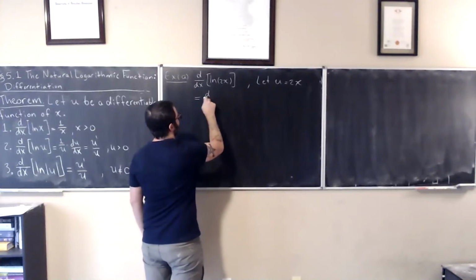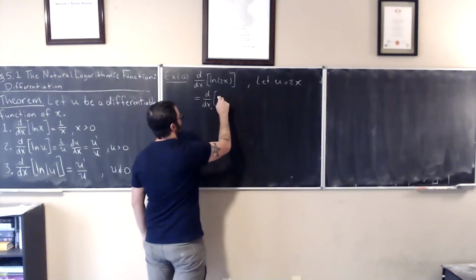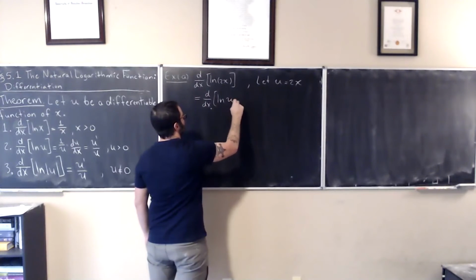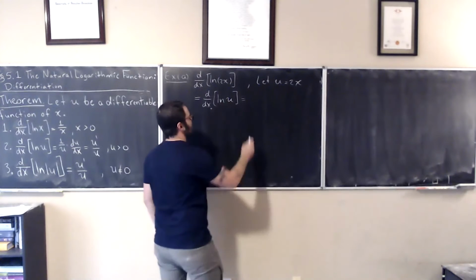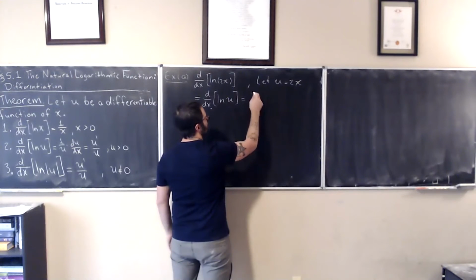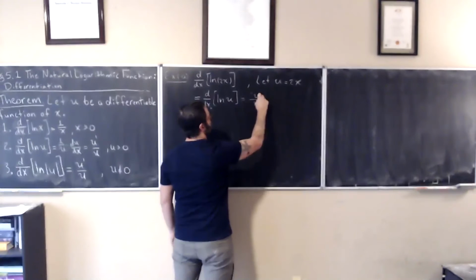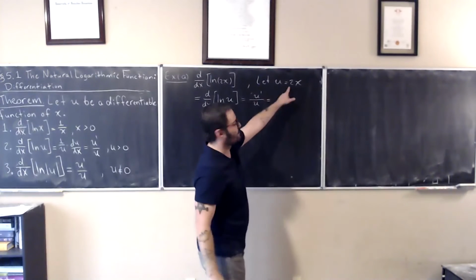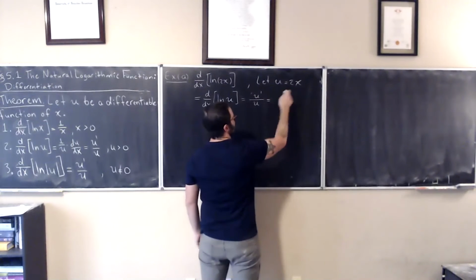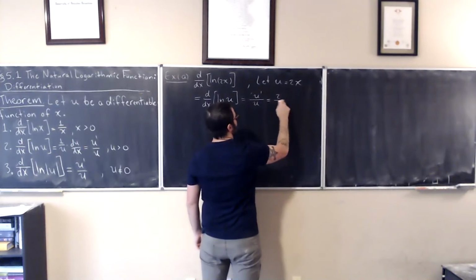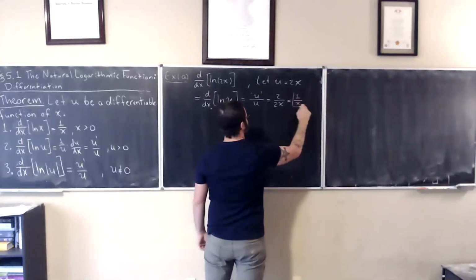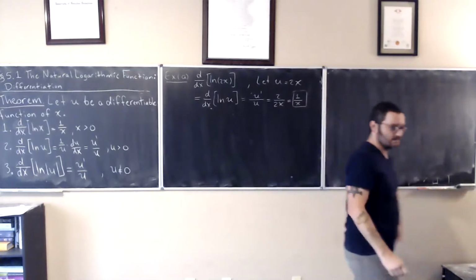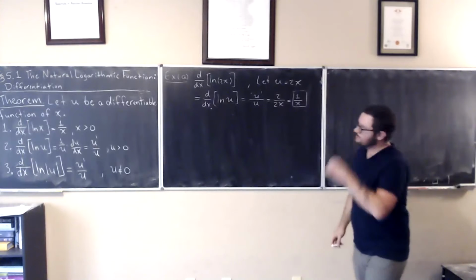So then this becomes d dx natural log of u, which is equal to the derivative of the outside, which is 1 over u, times the derivative of the inside, which is u prime. And u prime is just 2, right? And then u is 2x, we get 2 over 2x, which is equal to 1 over x. And again, provided x is greater than 0.